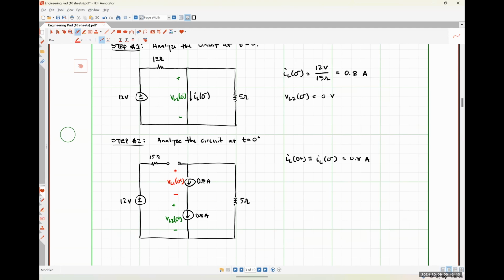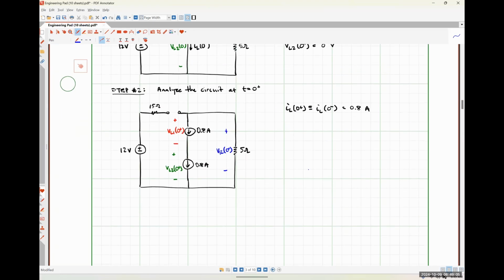Okay. So this is my resistor voltage at 0 plus. And if we applied Kirchhoff's voltage law, what we would find is that my resistor voltage VR at 0 plus is equal to the inductor voltage VL1 at 0 plus plus the inductor voltage VL2 at 0 plus.